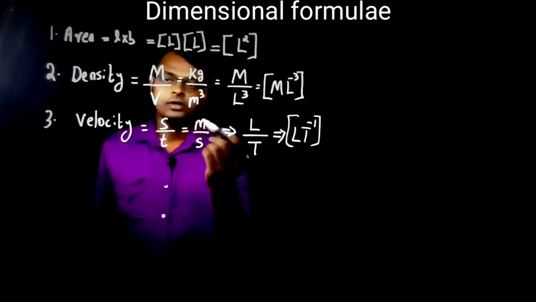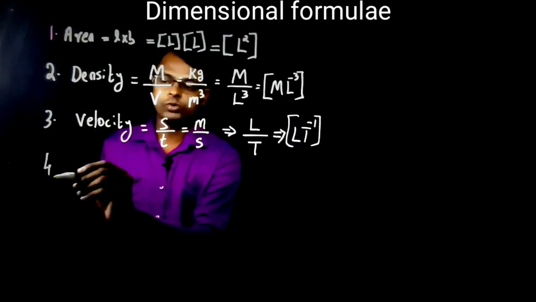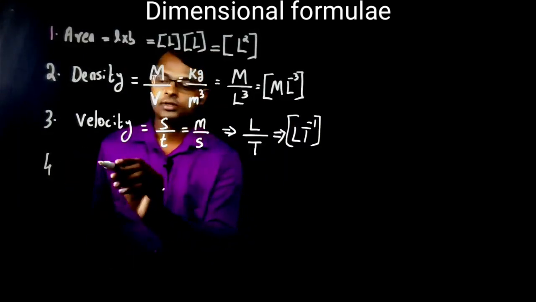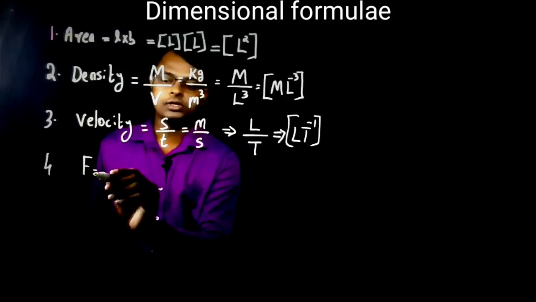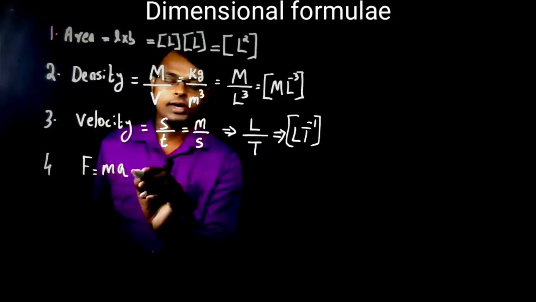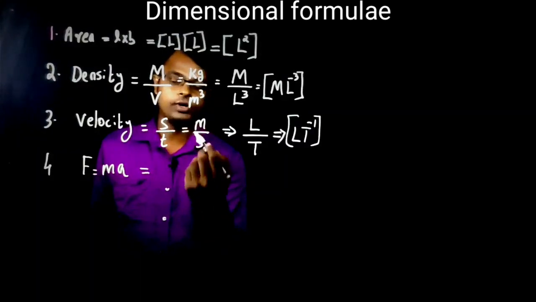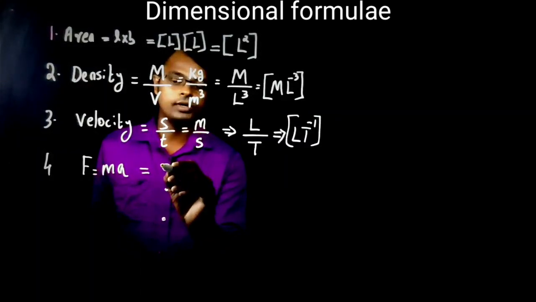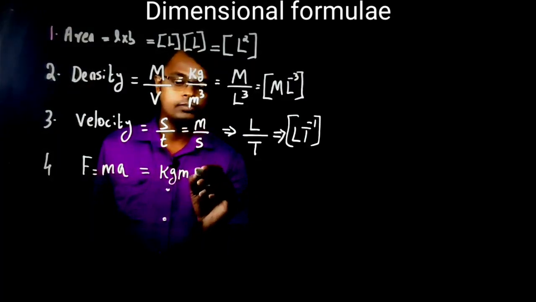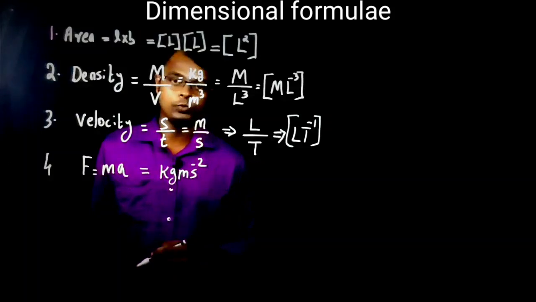Clear? Now one more example, the fourth one, force. As you already know, force is equal to mass into acceleration. If you write the derived unit, you can write kilogram meter per second squared, m s to the power minus 2.